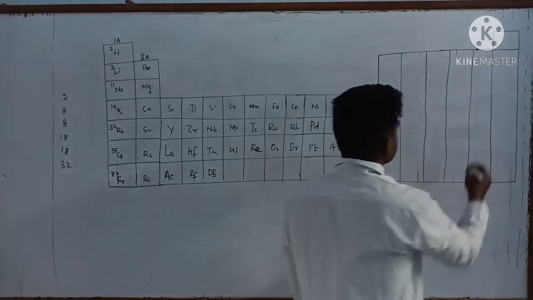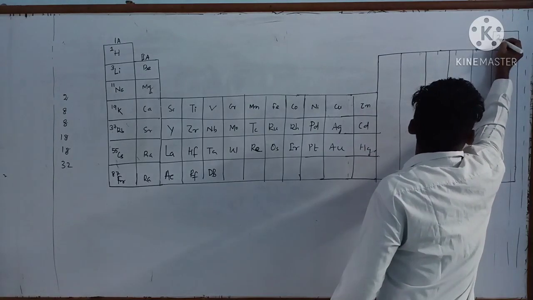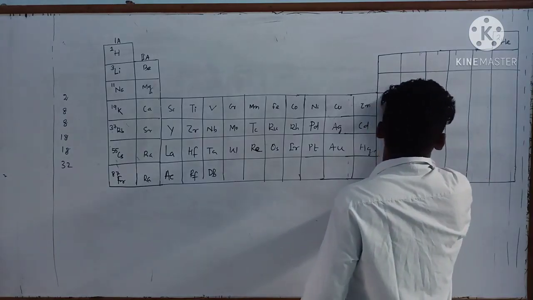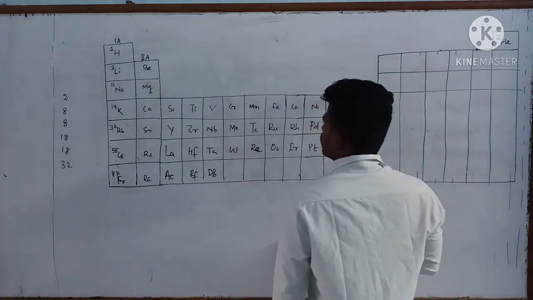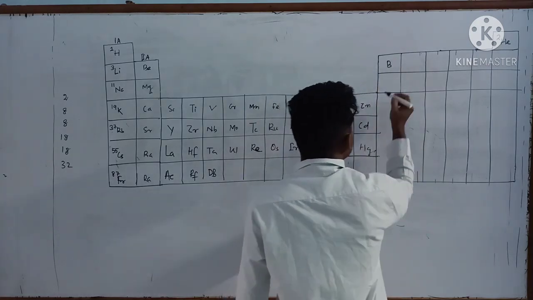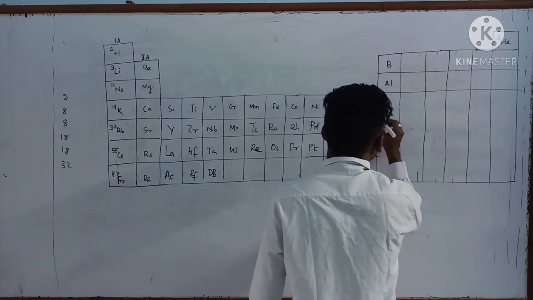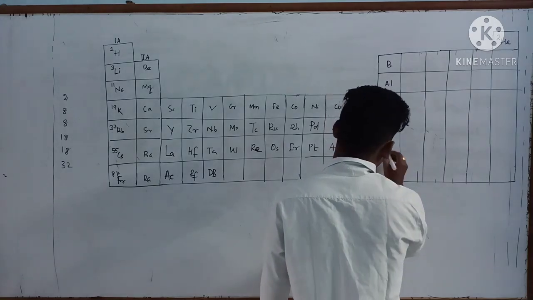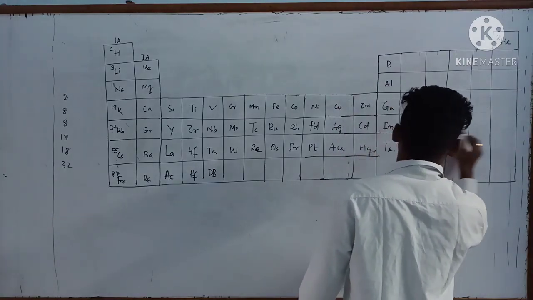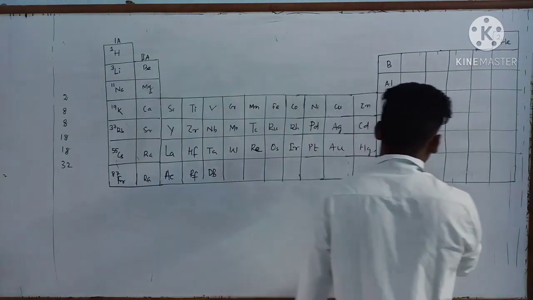Now here this one is helium, atomic number 2. So from here, boron, aluminum, gallium, indium, thallium. Okay, like this. So the seventh period, you don't bother about that.